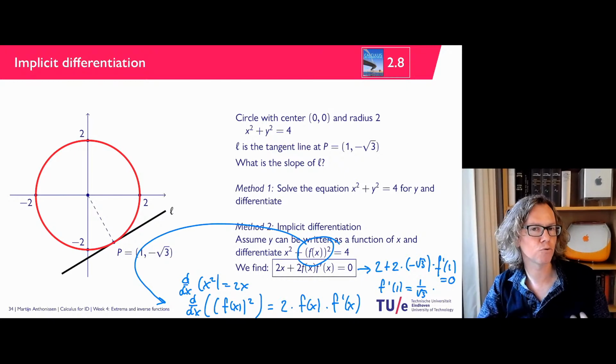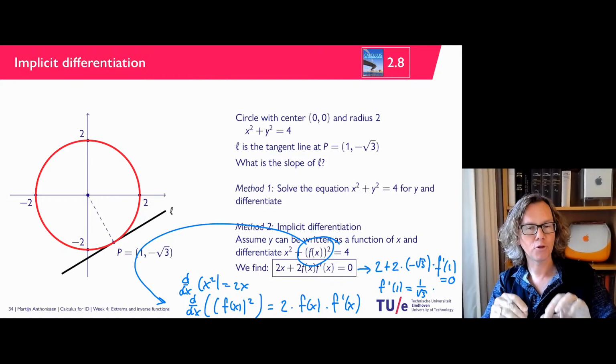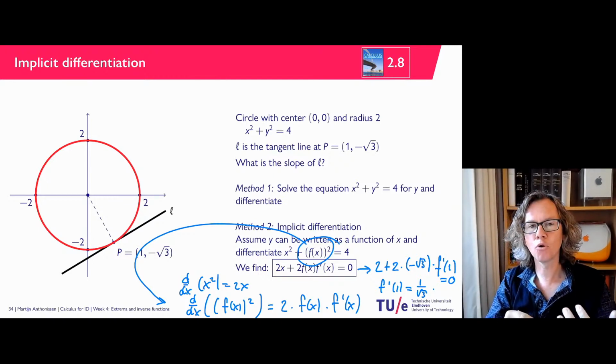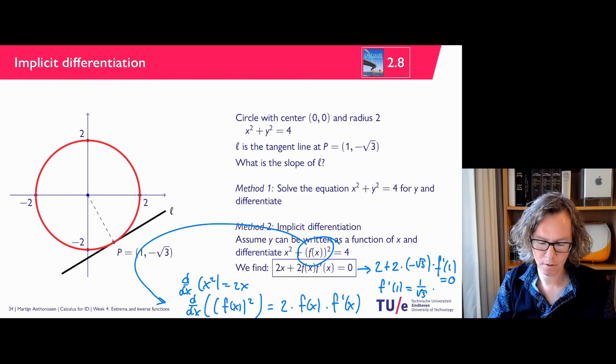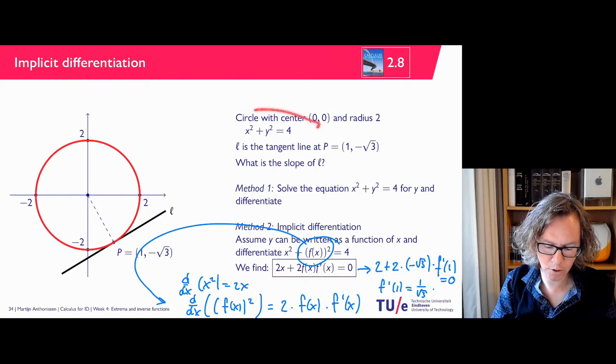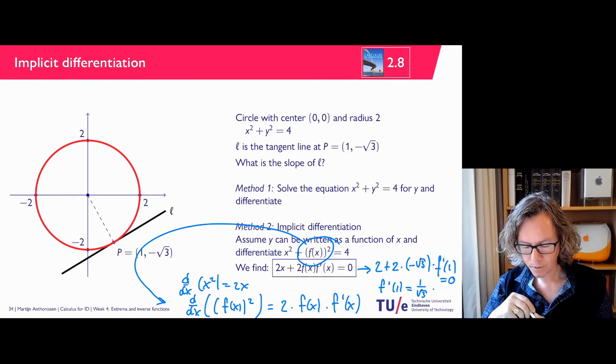That should be true, right? If you have two different methods, they should give the same result. It may look a little bit more complicated here, but the advantage is that we do not have to solve the equation for y. So here we do not have to find y as a function of x. So that can help quite a bit.